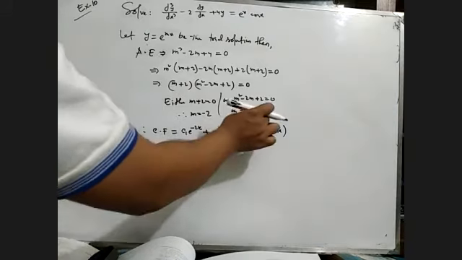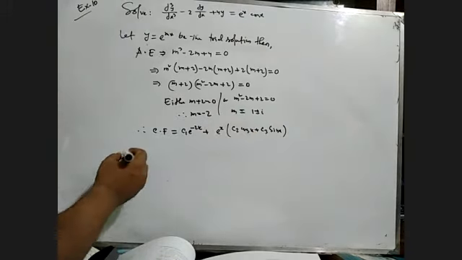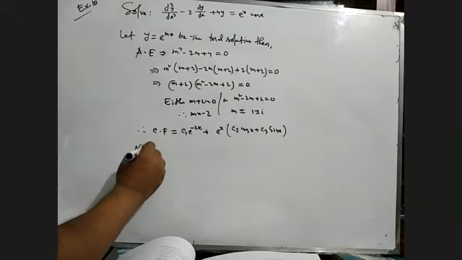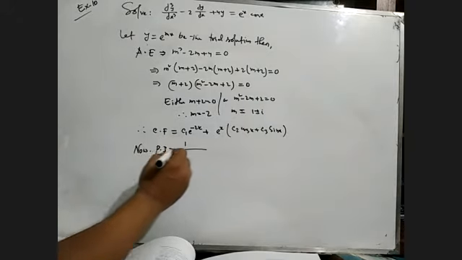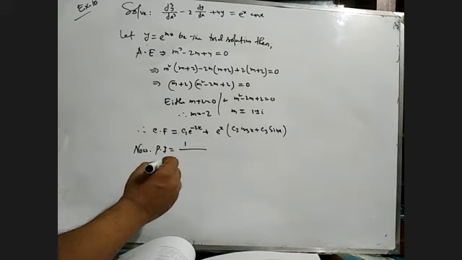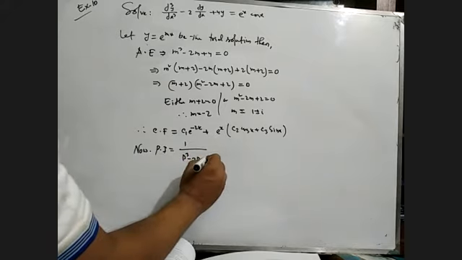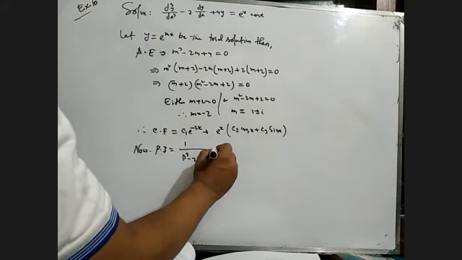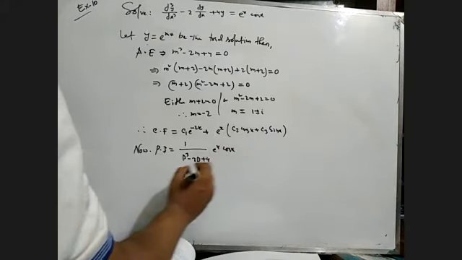For complex roots, we can write the complementary function like this. Now the particular integral will be 1 by D cube minus twice D plus 4, e to the power x cos x.